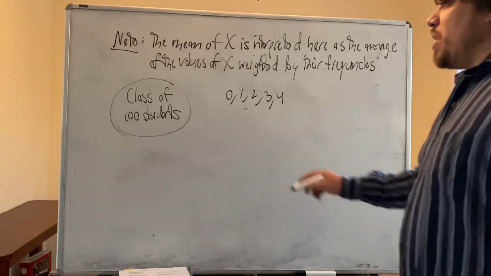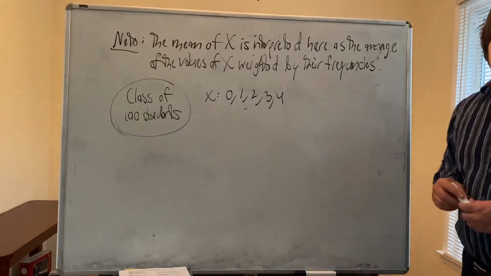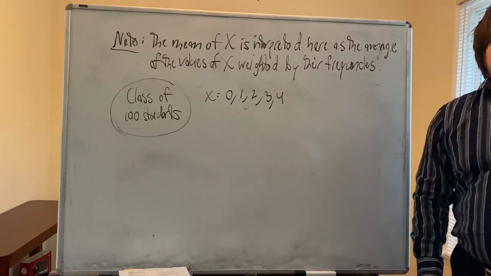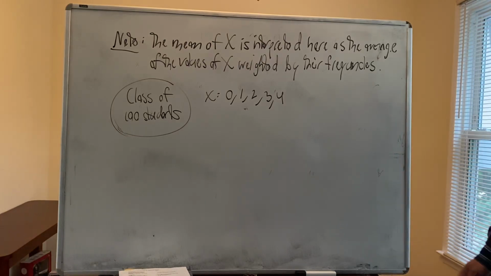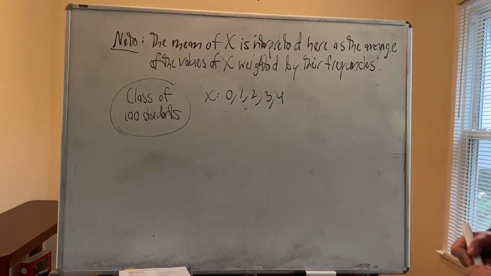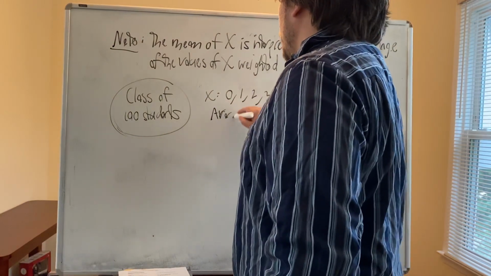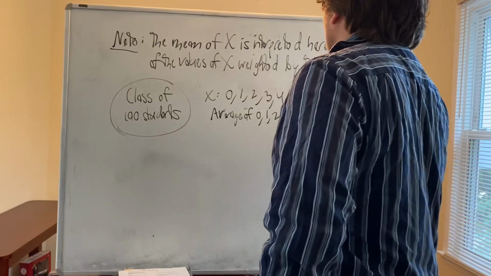Those are the possible values of x as a grade. Now, it's not the average value of x. The average value of x would be the average of the numbers from 0 to 4. And so if you took the average of those numbers, you add them up, you get 10 divided, the average is 2. So the average of 0, 1, 2, 3, and 4 is 2.